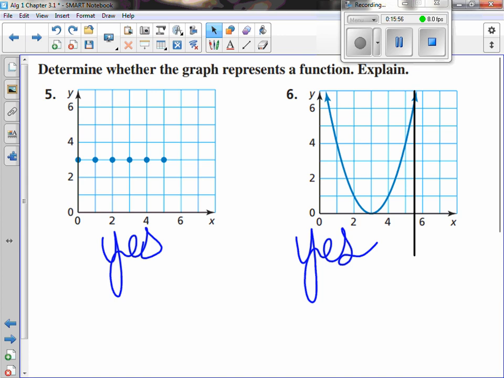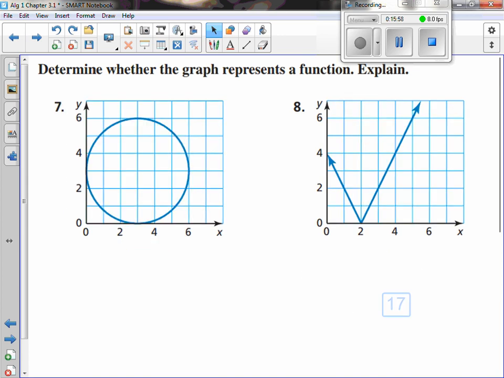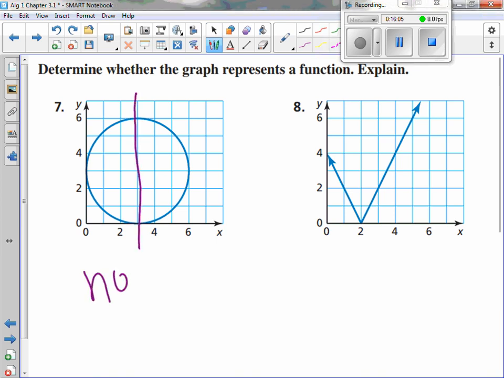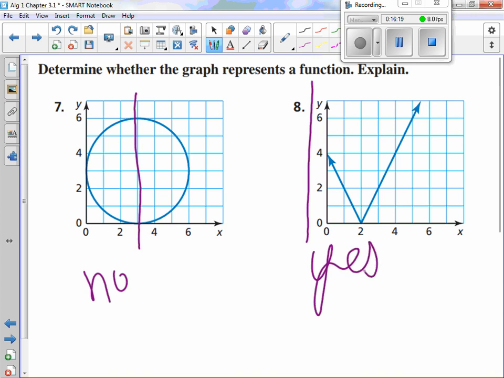This is a function. Both of these are functions. How about our circle? No. How about this one here? This one would be yes. And there is such a thing as the horizontal line test.